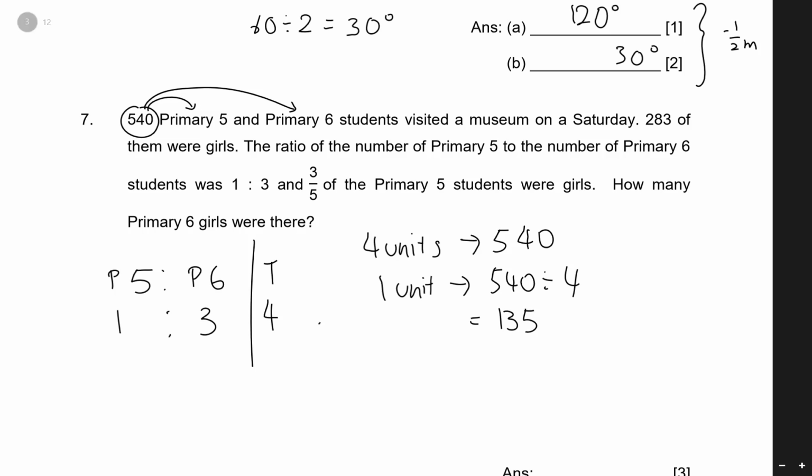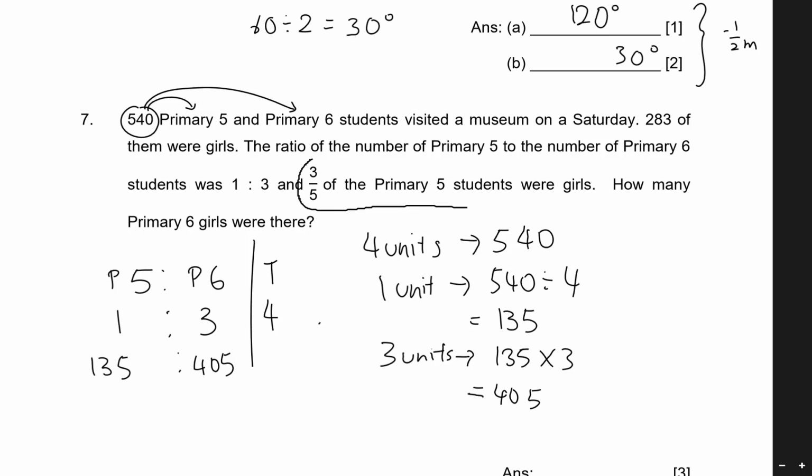Okay, so here is 135. Now 3 units, I'm not sure. Let me find out how much this 3 units is. I'm going to write the total number. Okay, let's do a bit of mental sum. 405. So I have 405 here. Okay, now let's continue reading the story. 3/5 of the P5 students were girls.